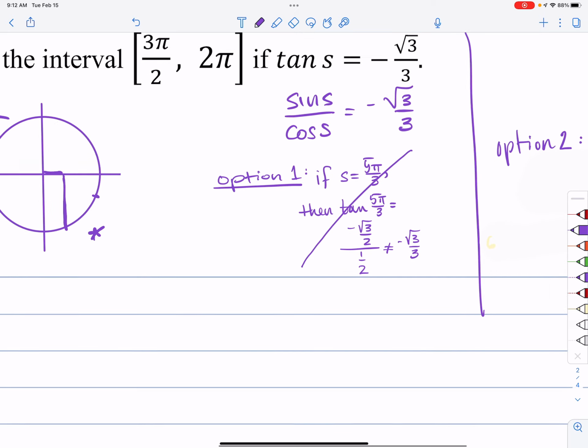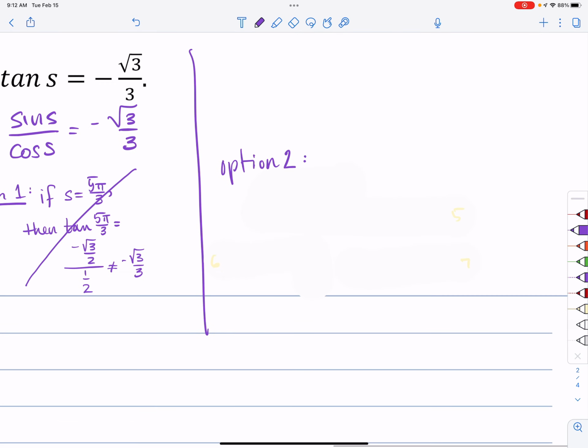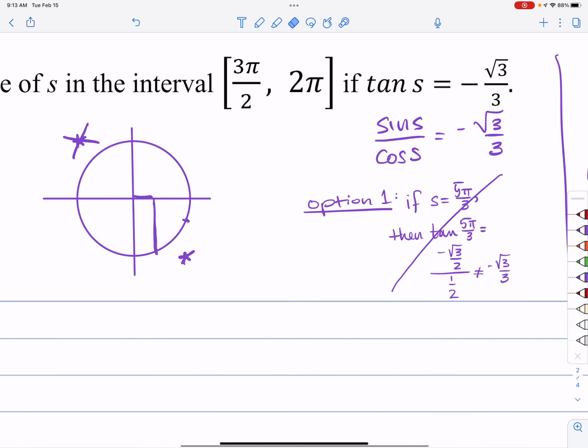So then option number 2 is that we could use the 11 pi over 6 position. So if my angle is 11 pi over 6, then my tangent of 11 pi over 6 is going to equal, again, sine value over cosine value. So my sine value is going to be this short leg, and my cosine value, the x value, is going to be my long leg.